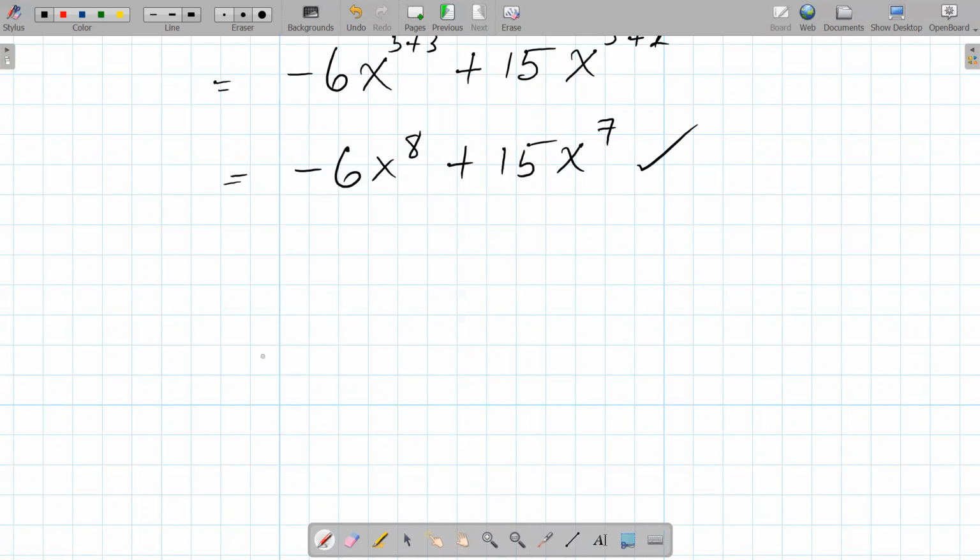Let's look at another case where we're doing a binomial, or better still, a polynomial by a polynomial. Let's look at a polynomial by a polynomial.